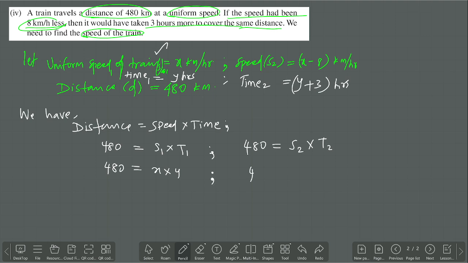And here, 480 is equal to x minus 8 into y plus 3. Now, what did they ask to find? Speed of train. Train in the sense x. So instead of y, we can substitute here.